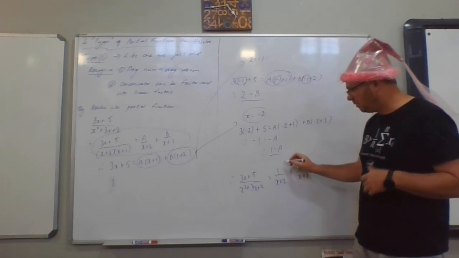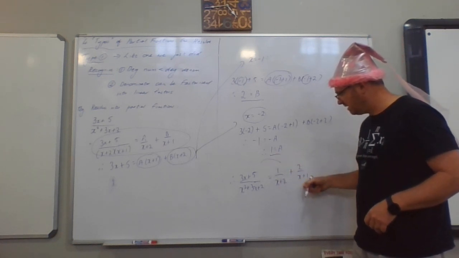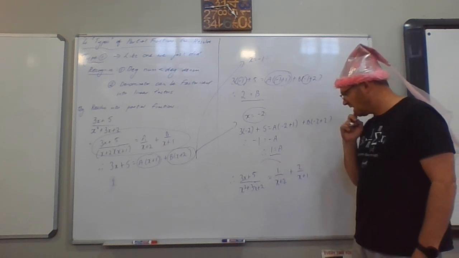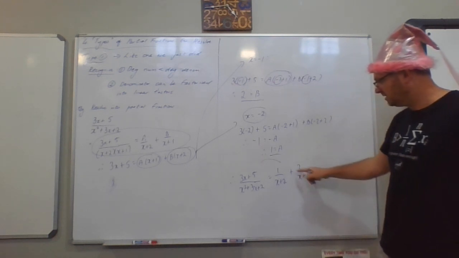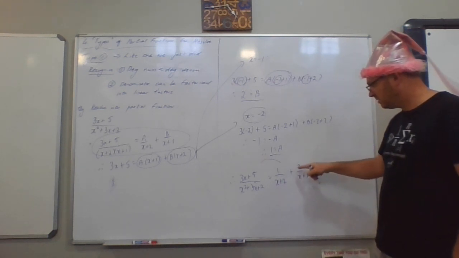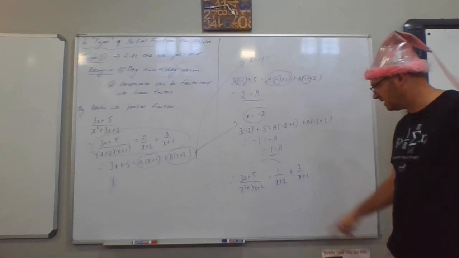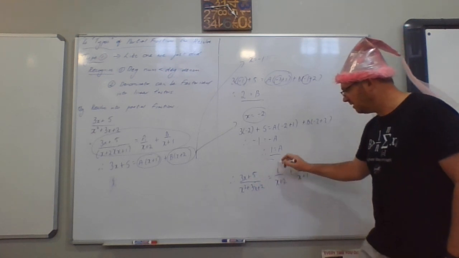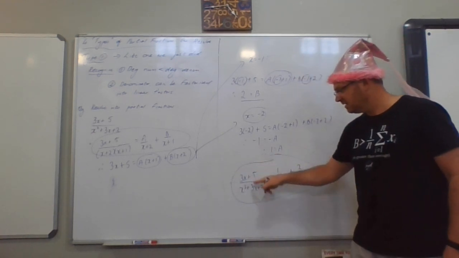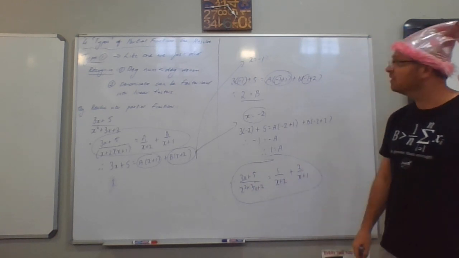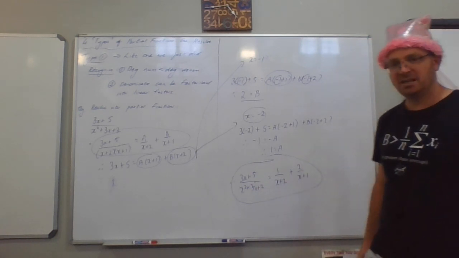And if you're really bored, go add those two together and check: x plus 1 plus 2x plus 4 is 3x plus 5. Yep, you will. So that result is resolved into those partial fractions. Fantastic.